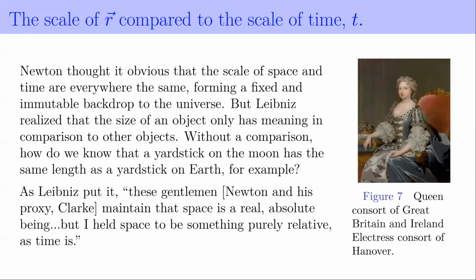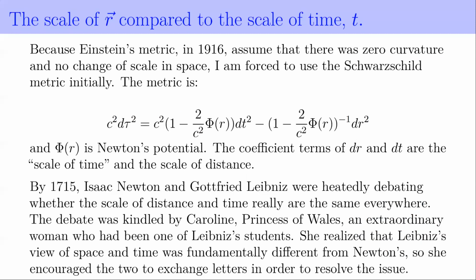And Newton thought... Bob, could you go back to that equation you just showed? I don't mean to interrupt. This looks like what you've told us before is proper time. It's c squared times delta tau, okay, that's proper time, right? But before you defined proper time with respect to something times dt squared and then dx squared, dy squared, dz squared. Well, you've got it here as dr squared.